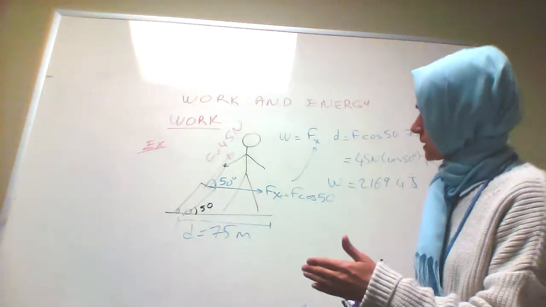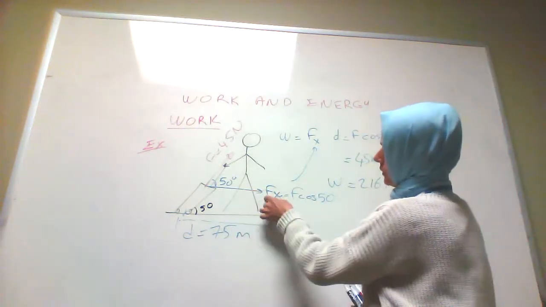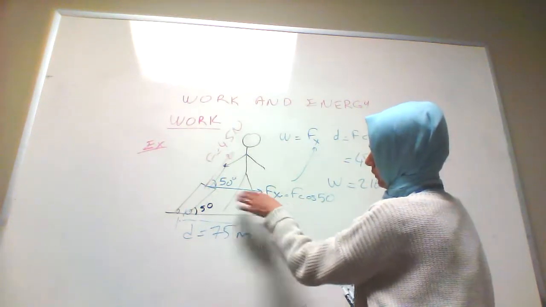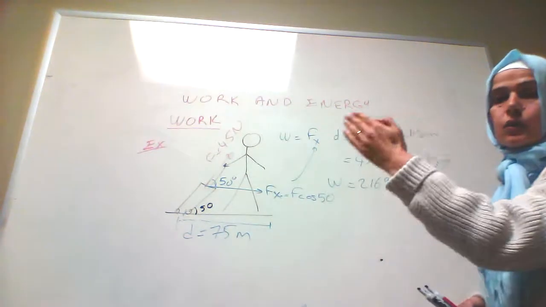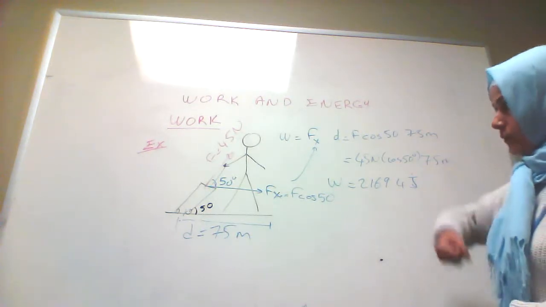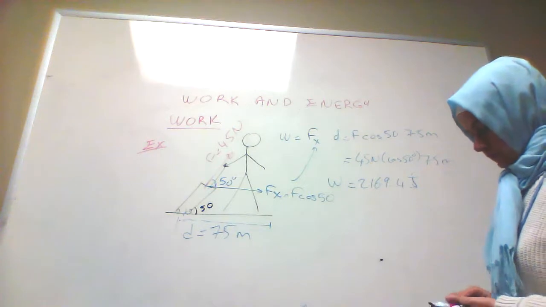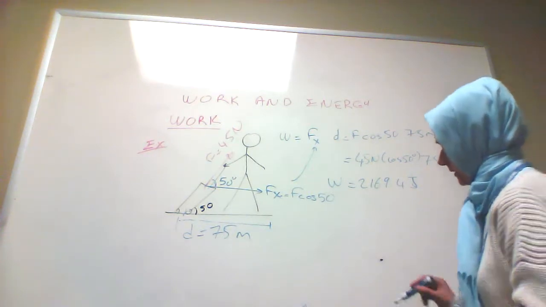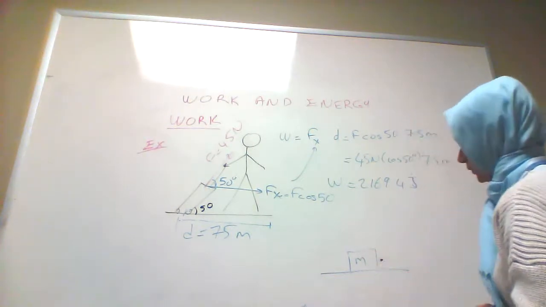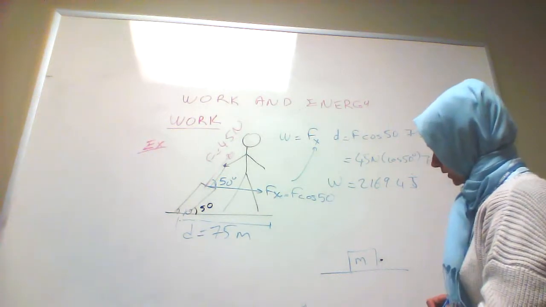The x component of the force is the only one doing work here because the direction of motion is along the x component. The y component is not doing any work. If there was a question where we move an object upward, and I don't have a specific example for that, but maybe I'll put one on the learning catalog so we'll work on it together.